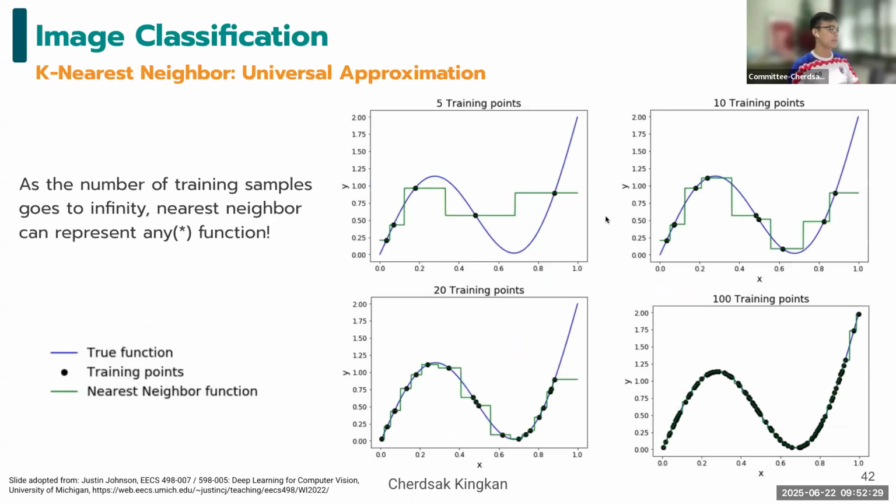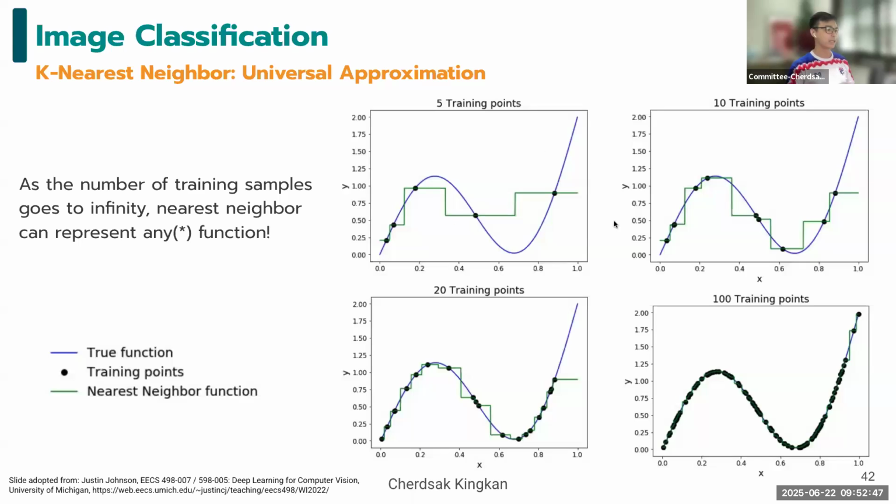And the k nearest neighbor, we can see it as a universal approximator as well. So the number of training examples affects the performance of the k nearest neighbor.